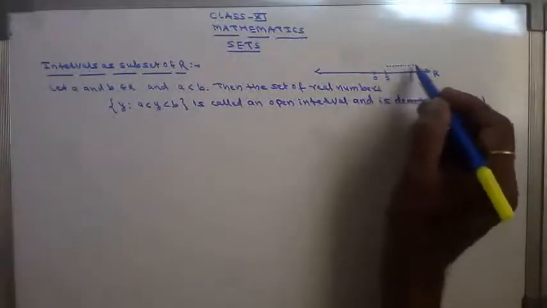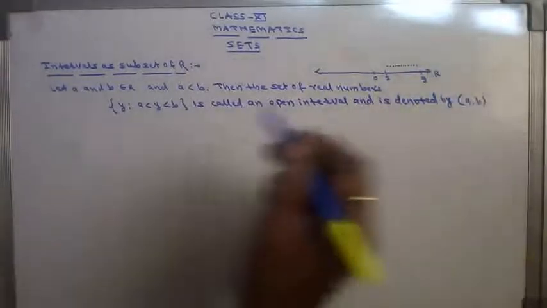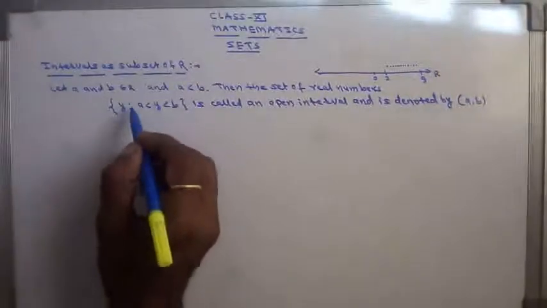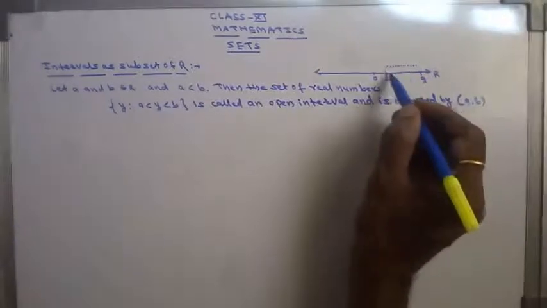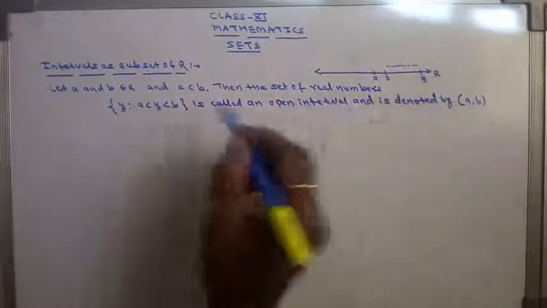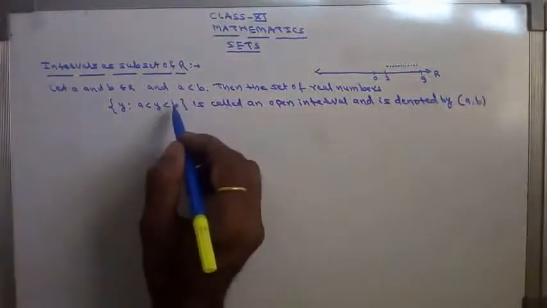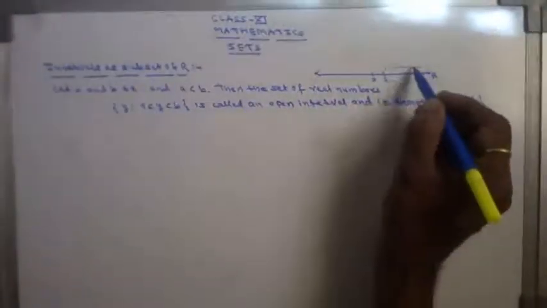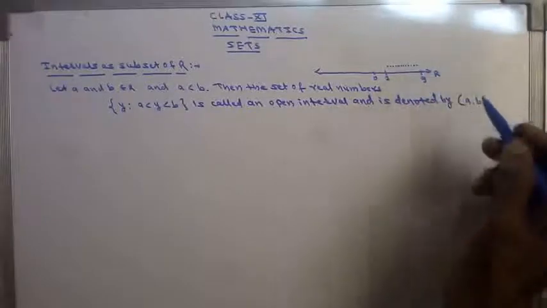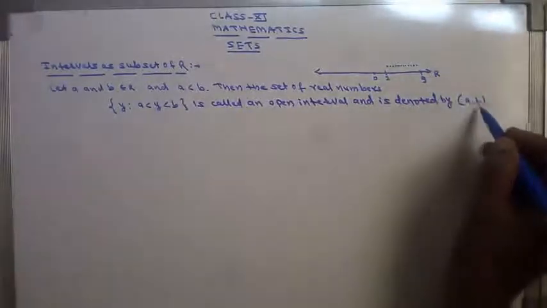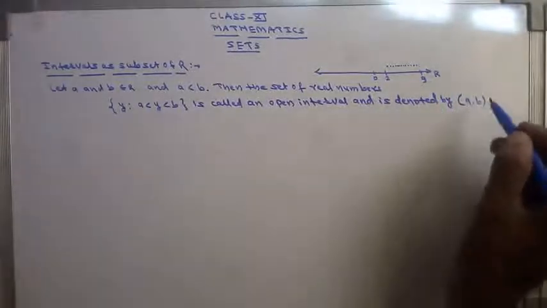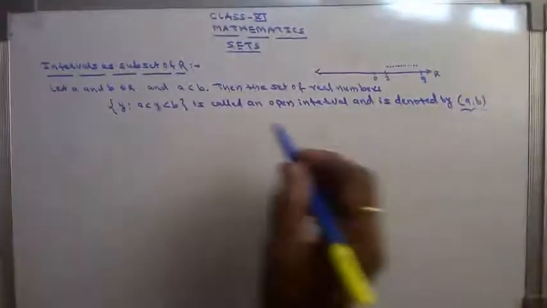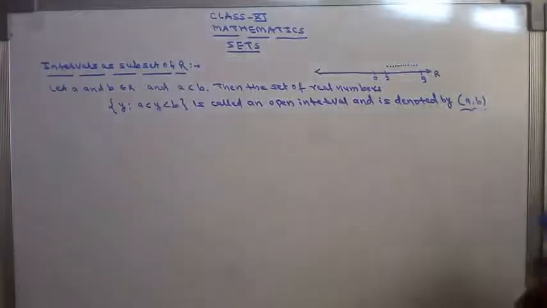So this general number y is a set of all real numbers y where y is greater than a, that is greater than 2 and less than 9, I took b instead of 9. The set of such real numbers is denoted by open interval (a, b), this is 2 to 9, this set is called an open interval.